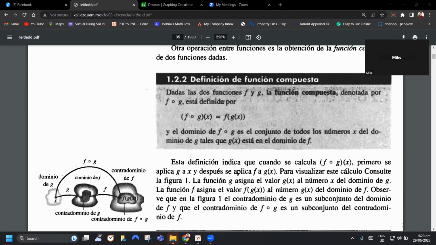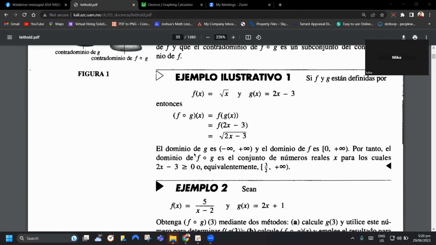Okay, let's look at the examples. Example 2, scroll down a bit, to see how it works out in action. So f circle g: what is g of x? That's 2x minus 3.